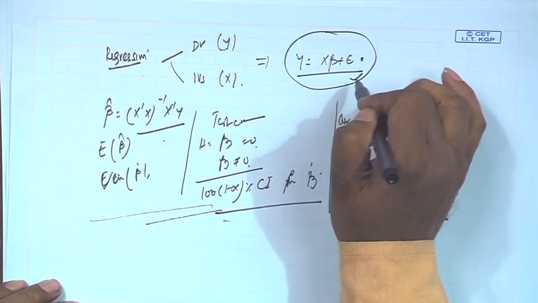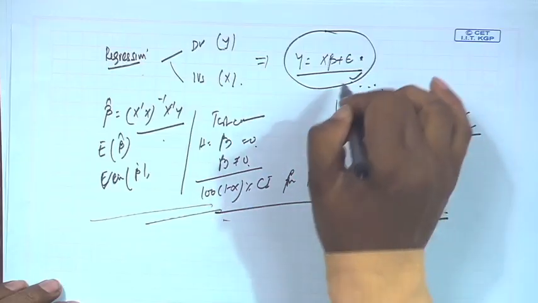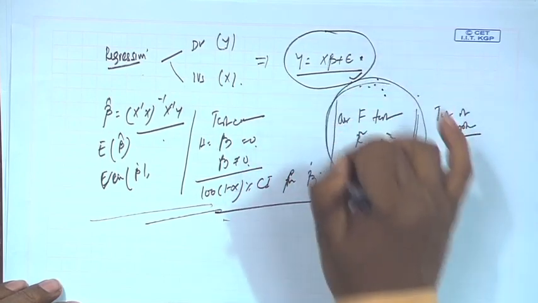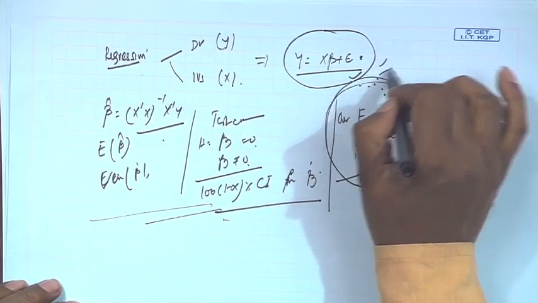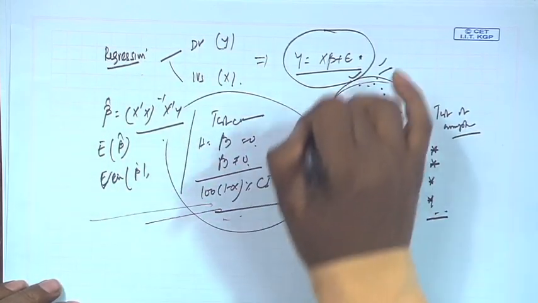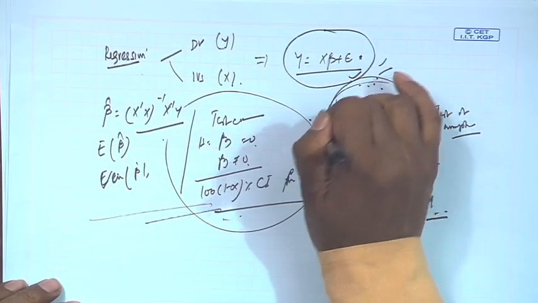You must know that every model has certain assumptions, and those assumptions must be tested. You must be aware that when you are saying a model, that model must fit the data, that is the adequacy test, the overall fit test. When the overall model is fit, then you go for individual parameters, whether individually they are contributing or not, and accordingly you accept or discard those variables which are not contributing. Again you rebuild the model with the significant parameters.